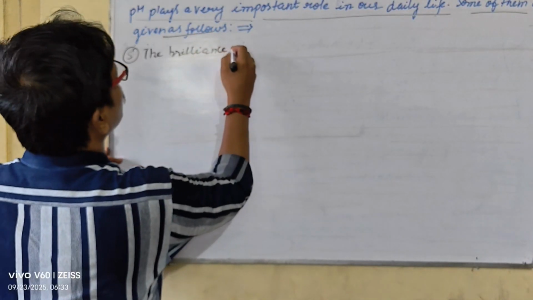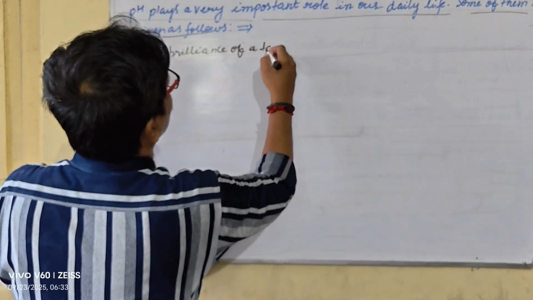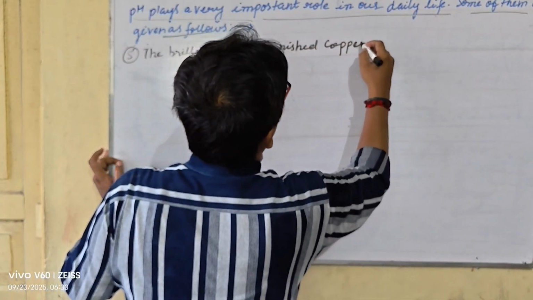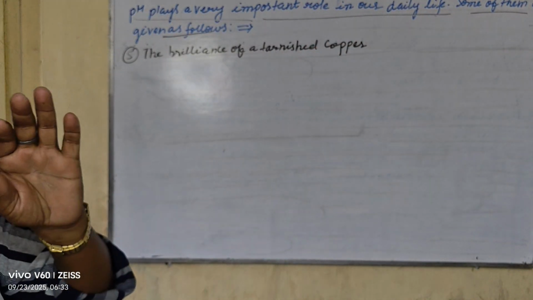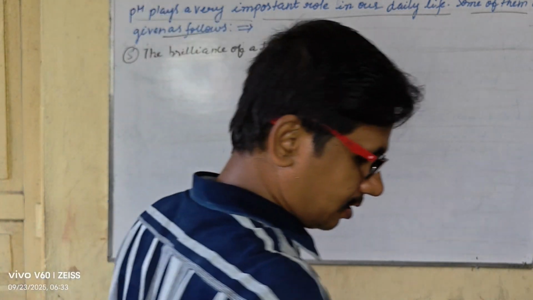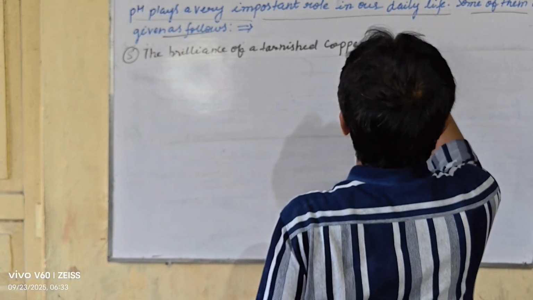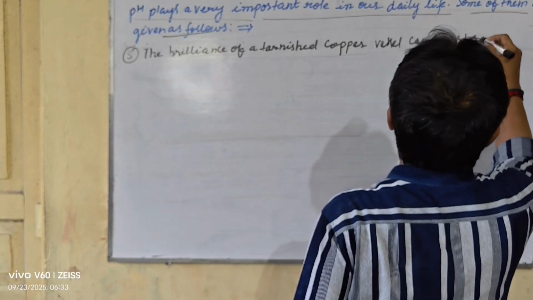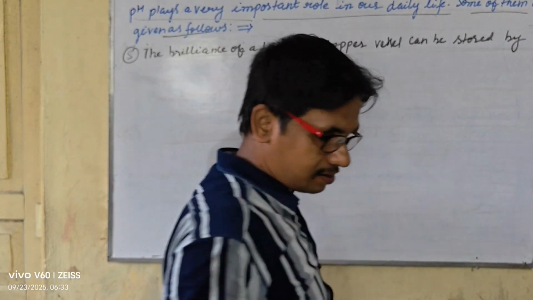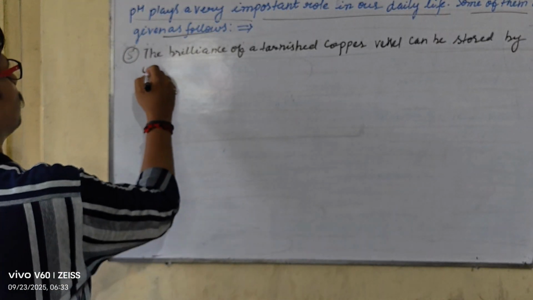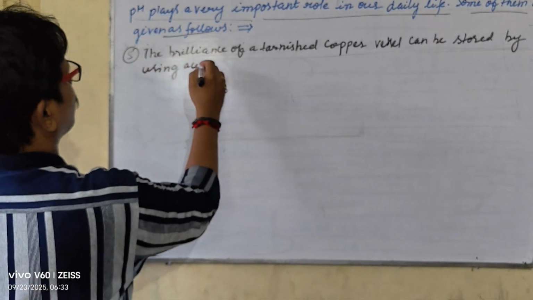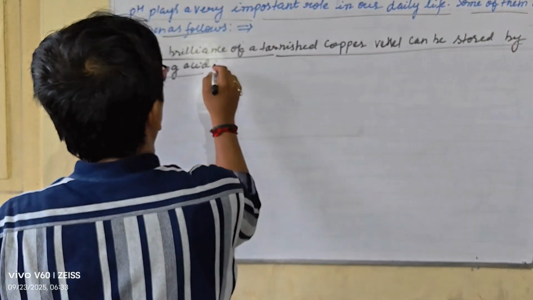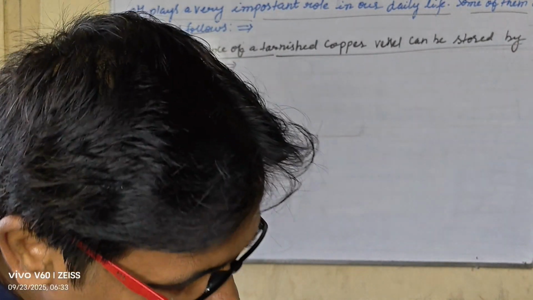The brilliance of a tarnished copper vessel can be restored by using acid. How?